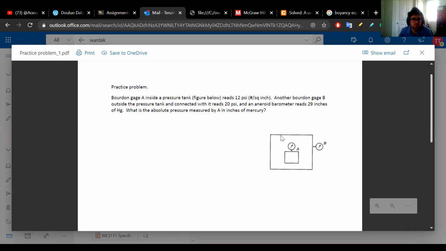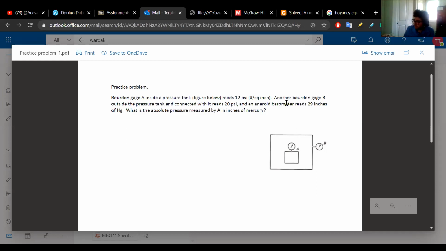So what is the absolute pressure measured by A in inches of mercury? If we're looking for inches of mercury, convert psi to inches of mercury. I think that's even better, because we need the final answer to be in inches of mercury.